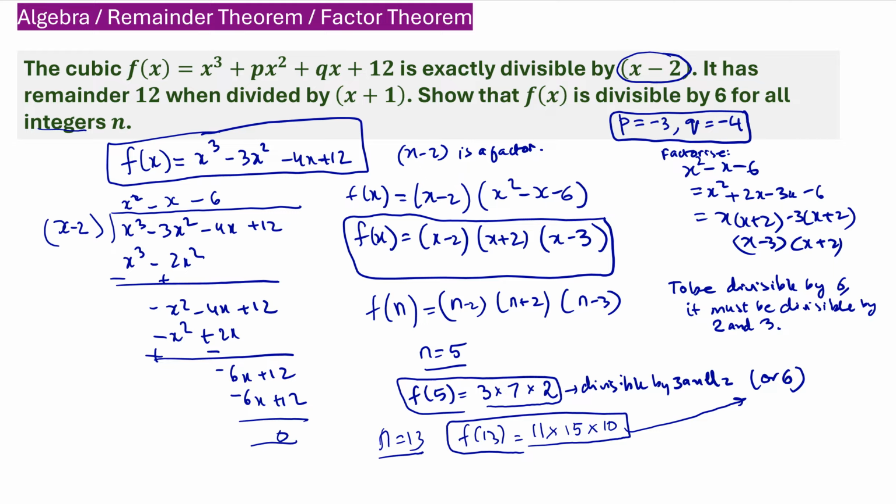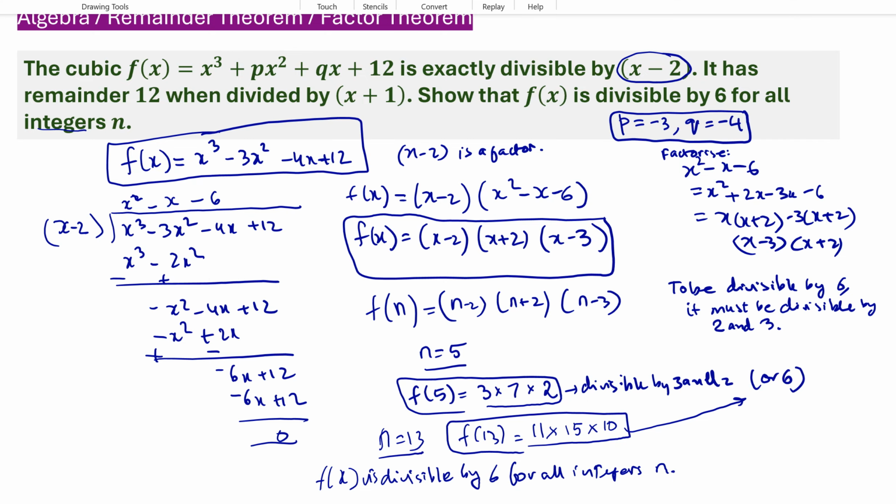So hence we can say that f(x) is divisible by 6 for all integers n, because one of them will always be even.